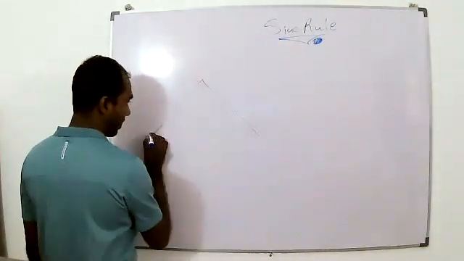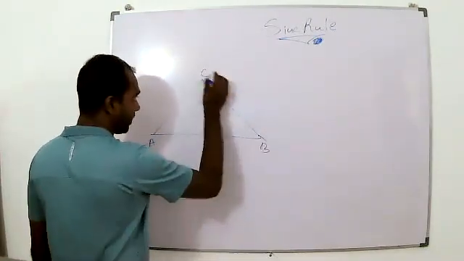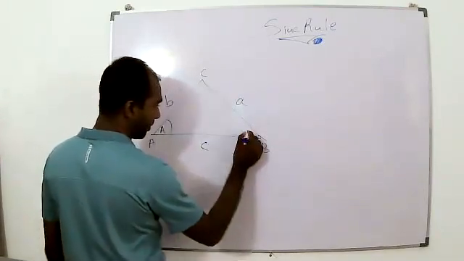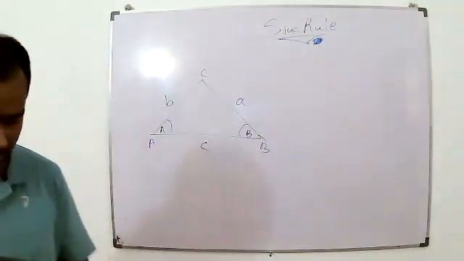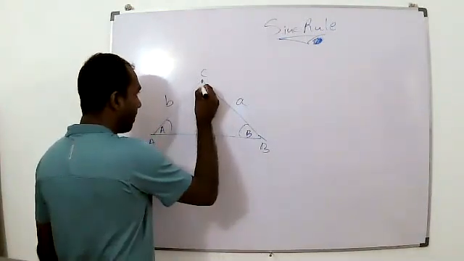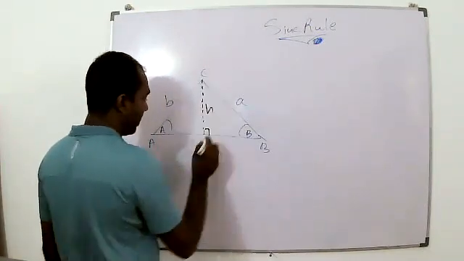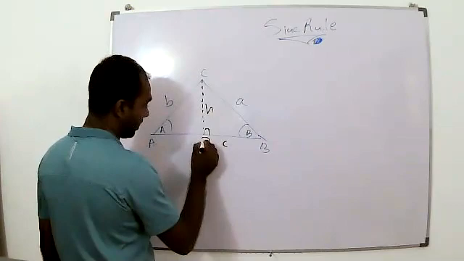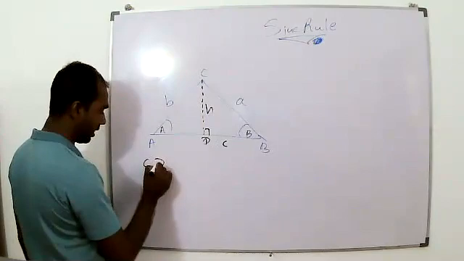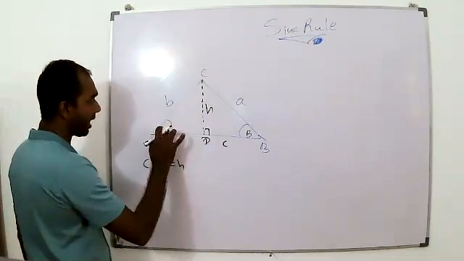You can draw any kind of triangle here. Let's take A, B, and C. So this is side a, this is side b, this is side c, this is capital A, this is capital B. This is the simplest way to prove the sine rule. I draw a perpendicular line here, and let's take this perpendicular length as H. I can write this length H by means of this angle and this side length.